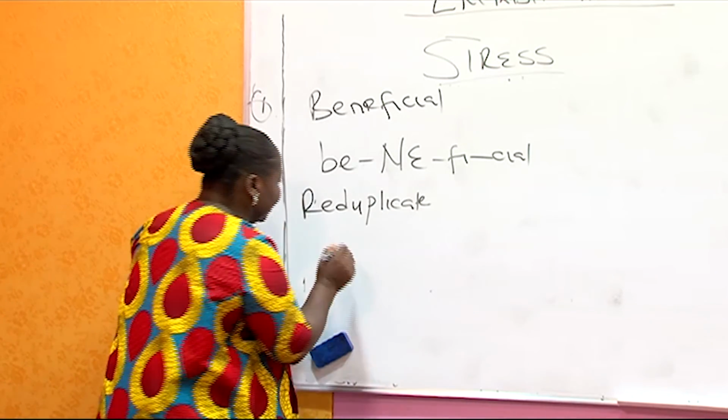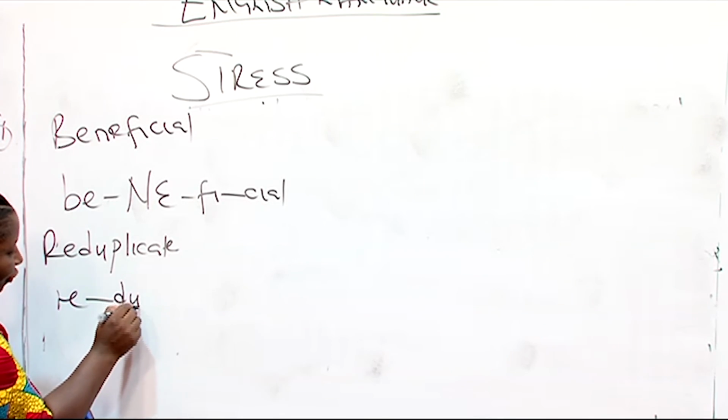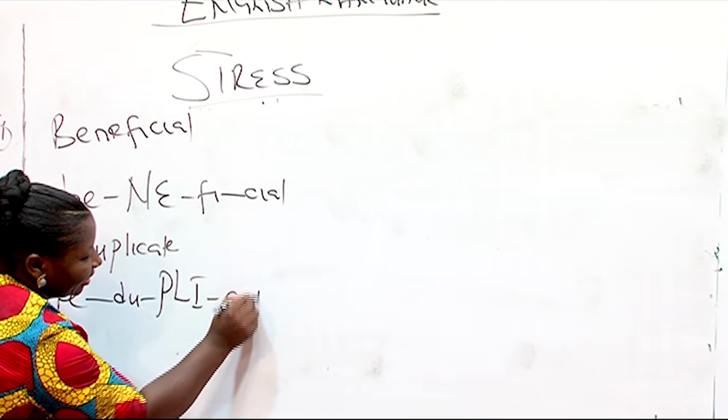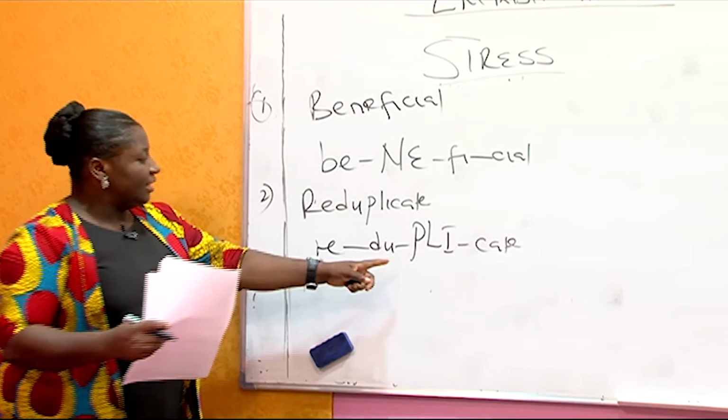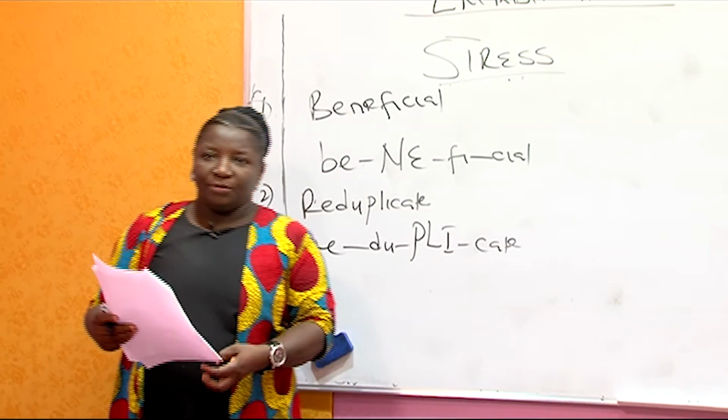So automatically, this is the right way to write this word: reduplicate. You can see that the stress is on the third syllable.